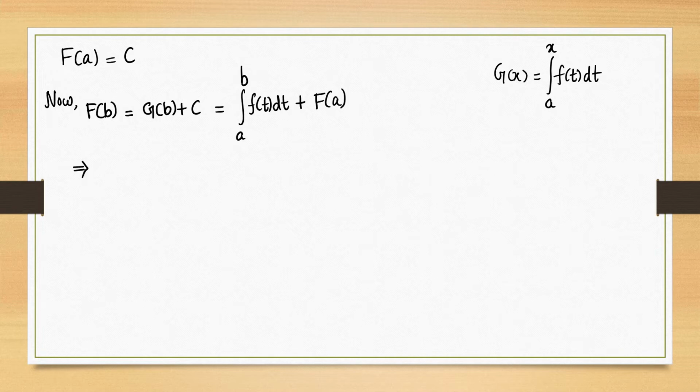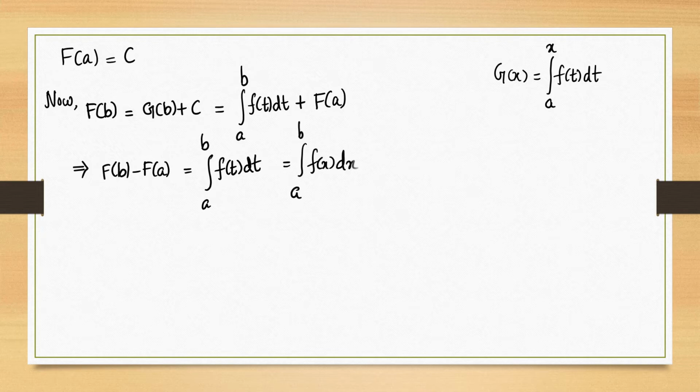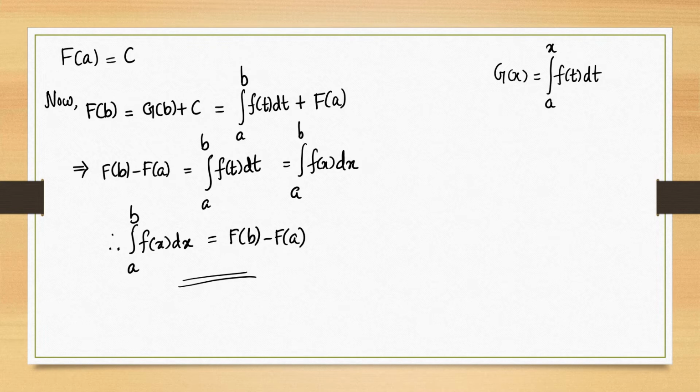And from this equation, we obtain F(b) minus F(a) equal to the integral from a to b of f(t) dt, which is the same as the integral from a to b of f(x) dx. We just renamed t as x. Hence we obtained the integral from a to b of f(x) dx equal to F(b) minus F(a). Hence the proof for Fundamental Theorem of Calculus Part 2.